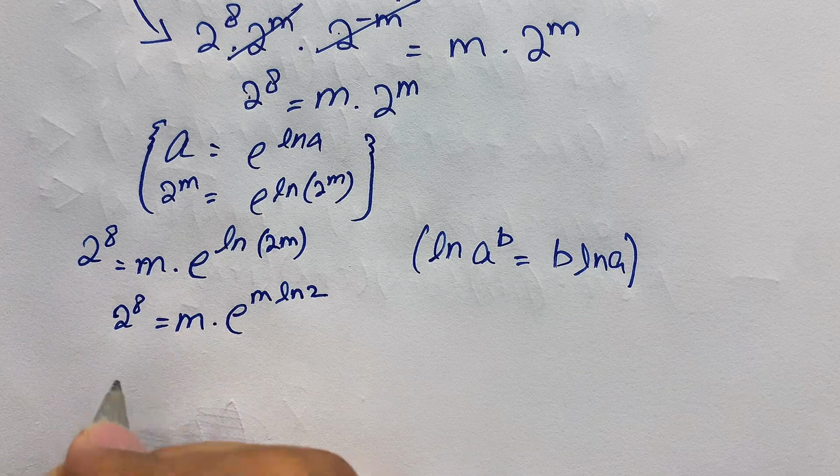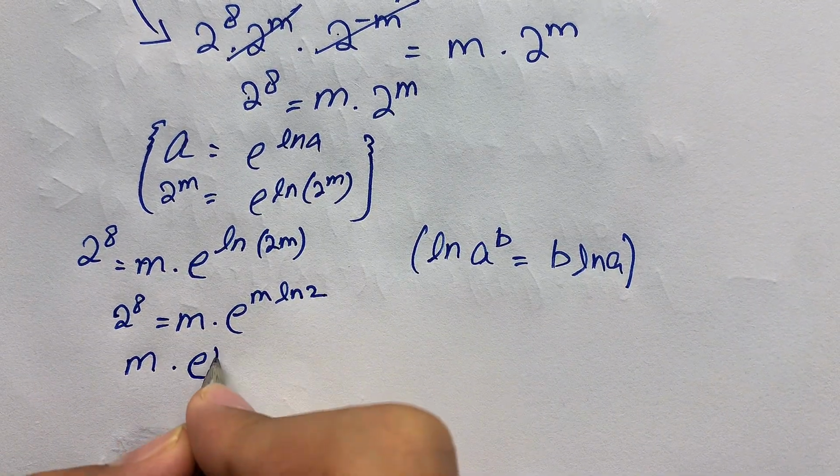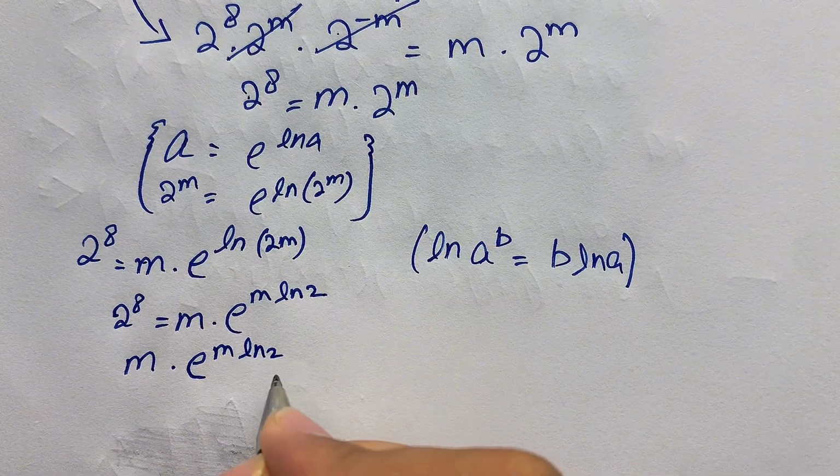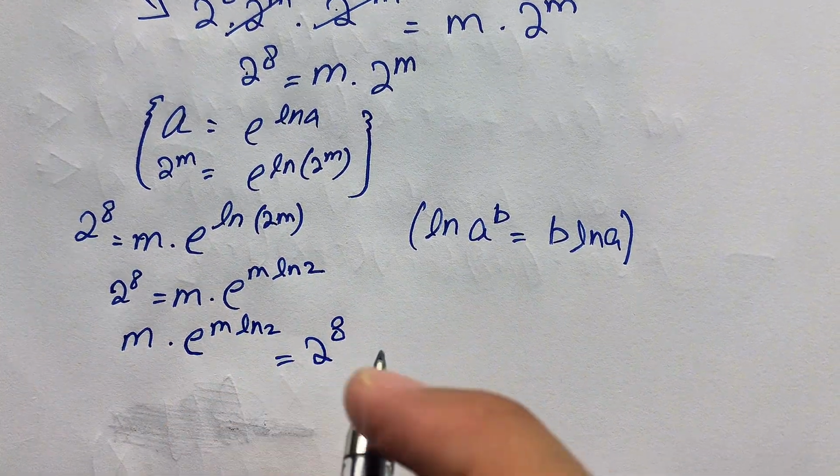This m into e^(m ln 2) is equal to 2^8. This 2^8 moves to this side.